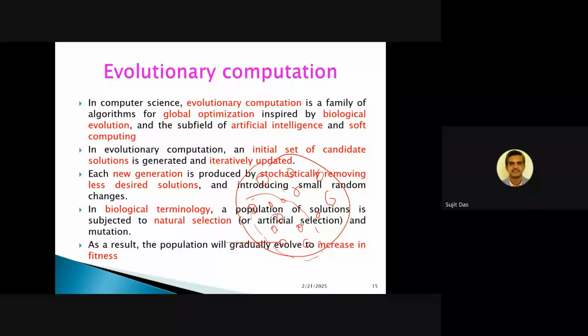If you are not getting the point, let me take one example. Giraffes. Initially, giraffes with short necks and giraffes with long necks, both kinds of giraffes were there. But slowly, giraffes with shorter necks became fewer in number. Giraffes with long necks we can find anywhere, in many places.